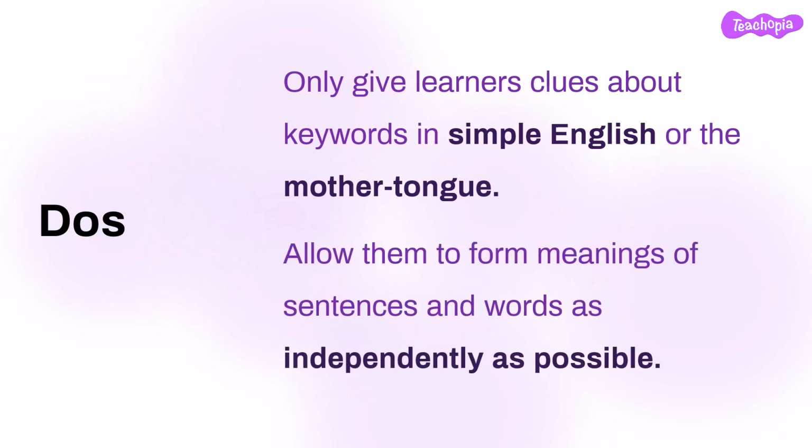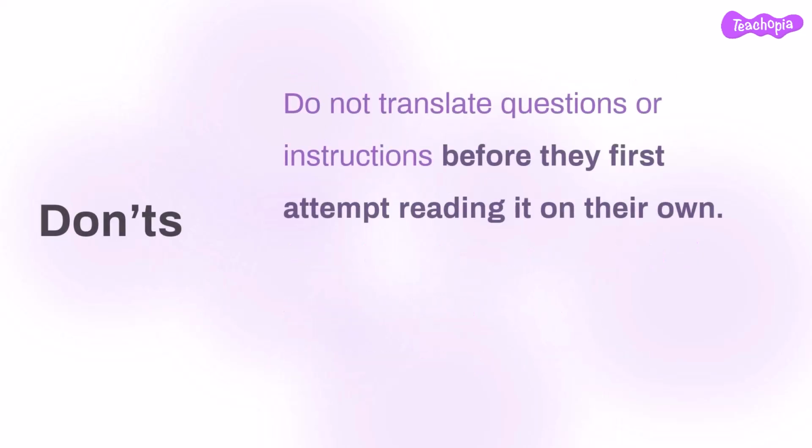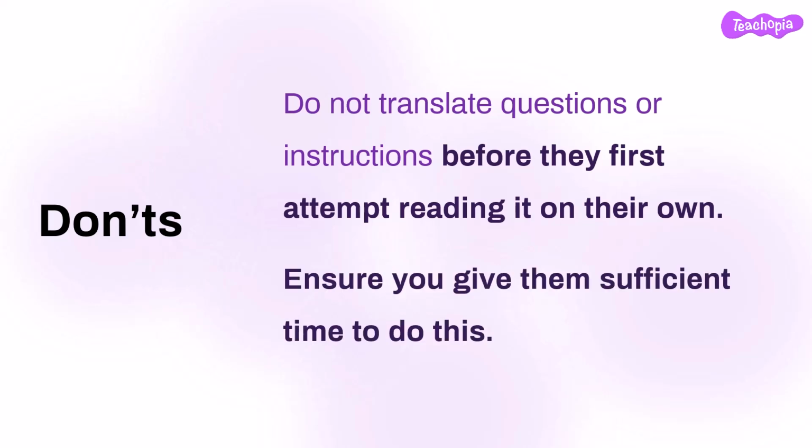Allow them to first understand and form meanings of sentences and words as independently as possible. However, do not translate the questions or instructions before they have attempted to read them on their own. Once again, ensure you give them sufficient time to do this.